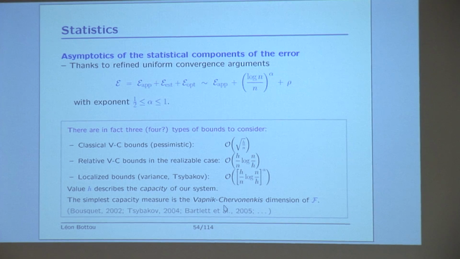Okay. There is a lot of debate about this log. The typical Vapnik results have a log, and there is a technique that allows you to remove it. What is it called? I forgot. So there is a different proof technique that allows you to remove it. So people wondered whether the log was actually real or not.